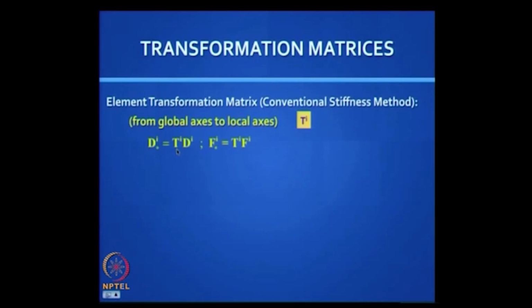Ti is called the transformation matrix, the element transformation matrix, and the same Ti holds good not only for displacements but also for forces. This is the conventional stiffness method, and the interesting thing about the transformation matrix is that it's an orthogonal matrix which has this beautiful property of the inverse being equal to the transpose. So it is very easy to do the reverse switch.